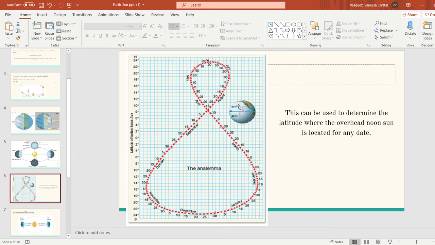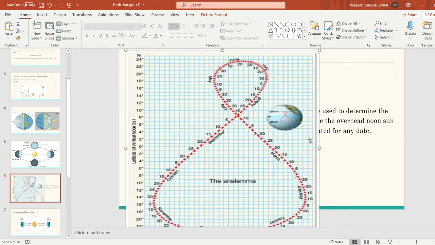So again, this small Earth right here, as you can see, it's between the Tropic of Cancer and the Tropic of Capricorn, and this is the formation that is observed where the overhead noon sun is observed in the sky.